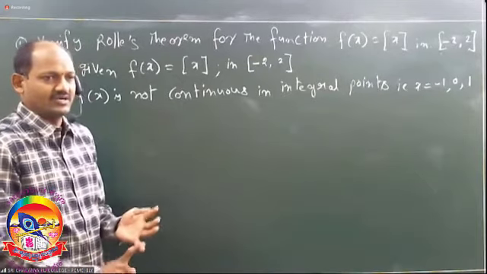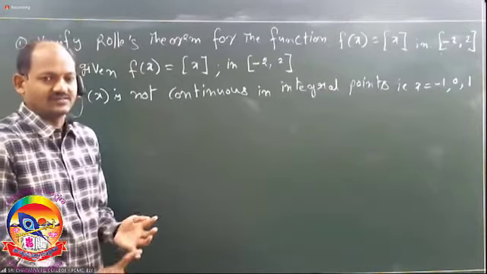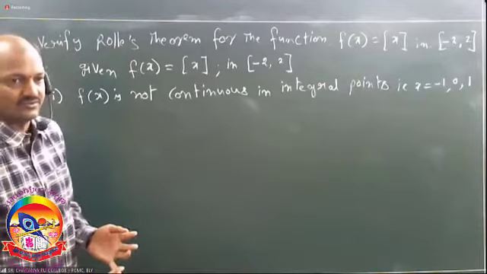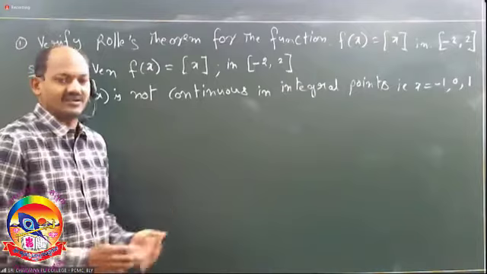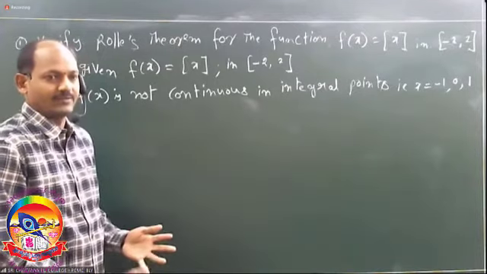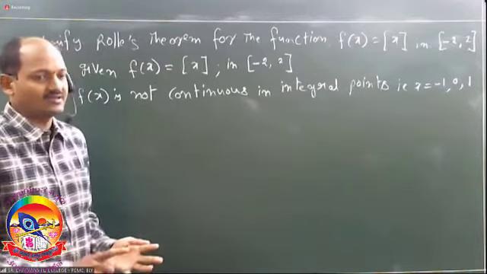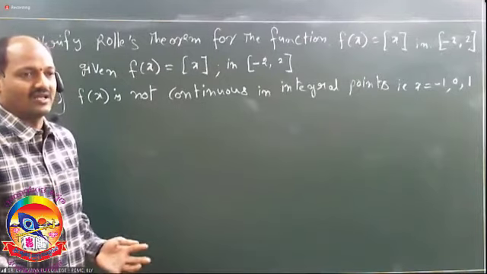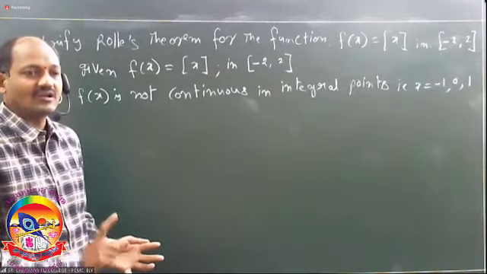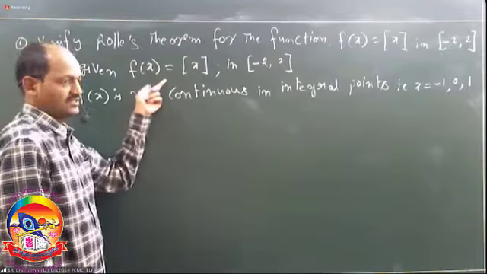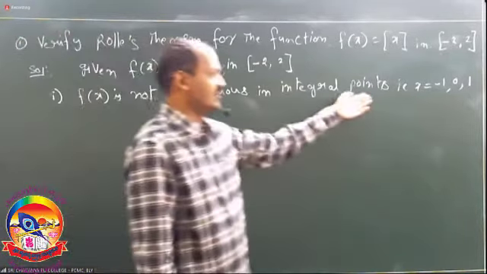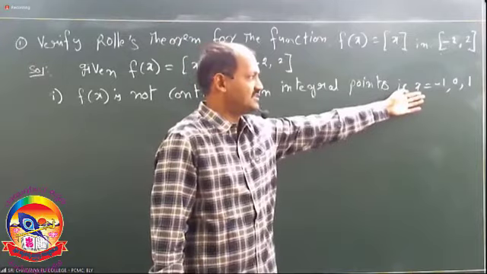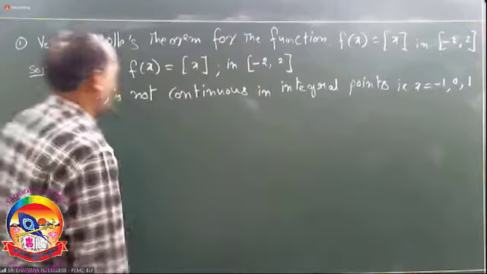So the first condition is not satisfied. That means it is not continuous. Not continuous means no need to find the second and third conditions, because the first condition is already not satisfied. So clearly, Rolle's theorem is not applicable for this function. f of x is not continuous at integral points, that means x equal to minus 1, 0 and 1.